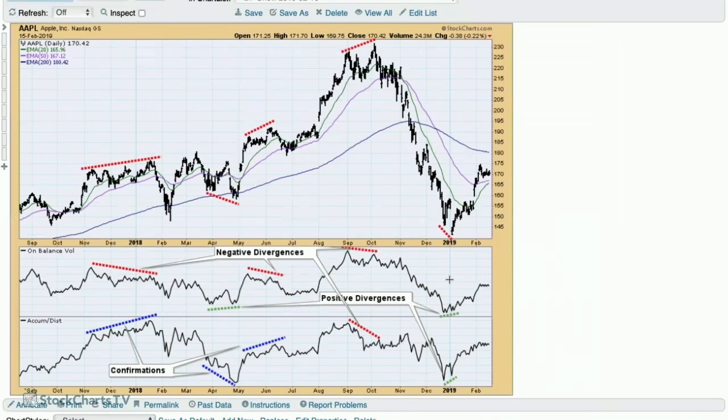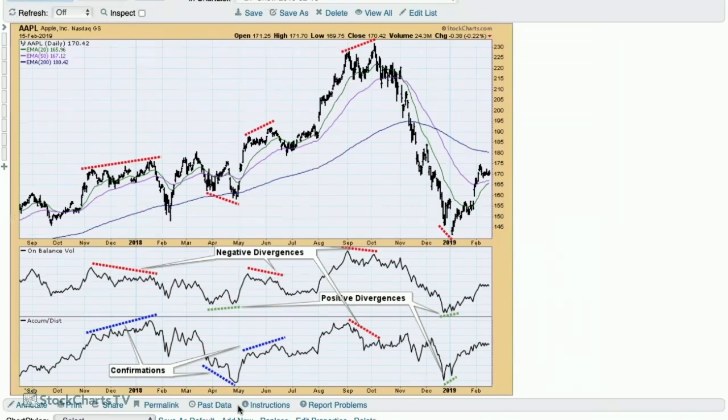And then I started comparing the two. Now, notice back in the left side of that chart, the accumulation distribution has got confirmations on the price. So it rises as price rises.